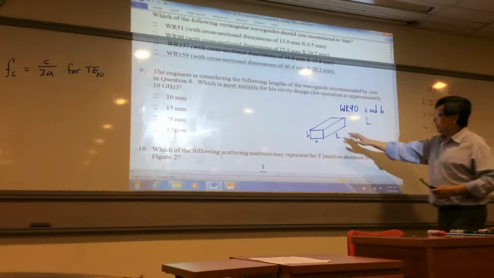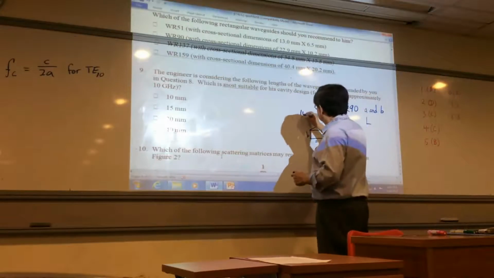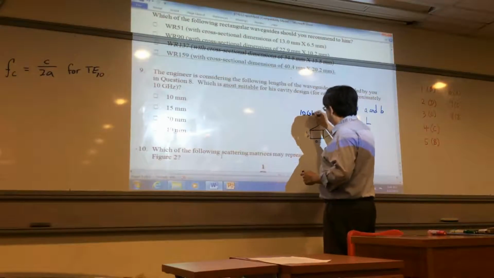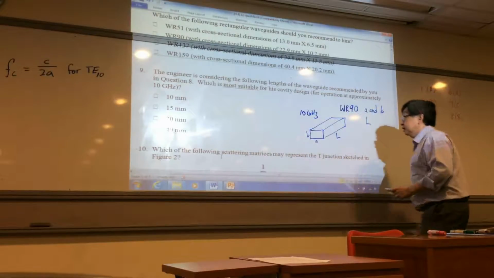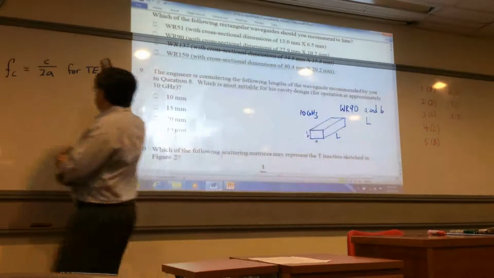Now you want this to operate at 10 gigahertz, so you have to use the formula.